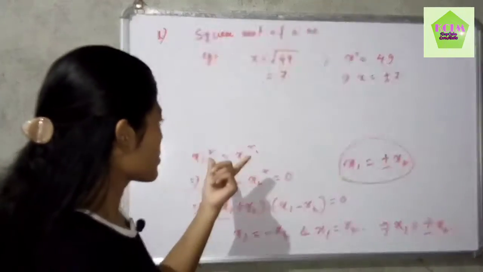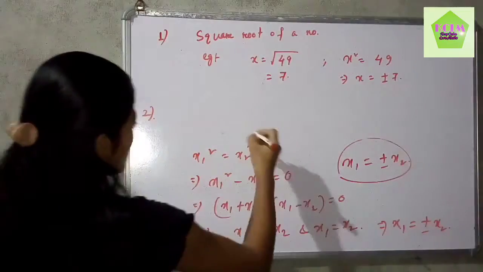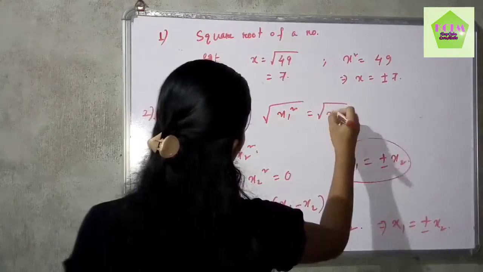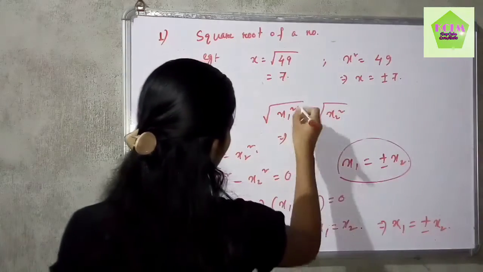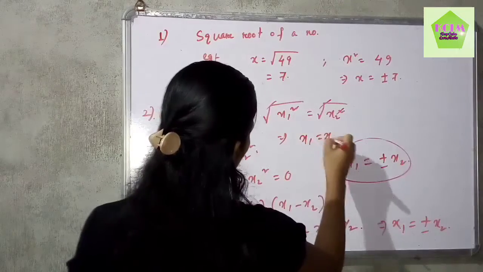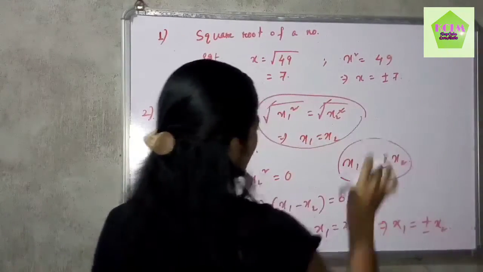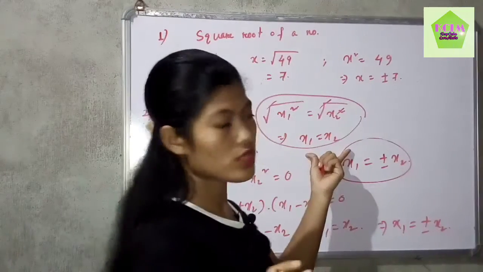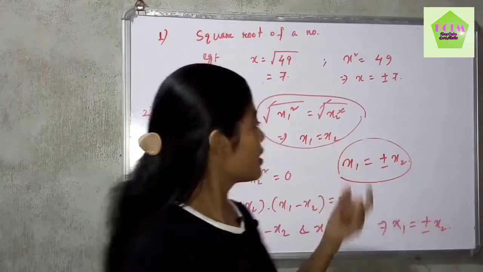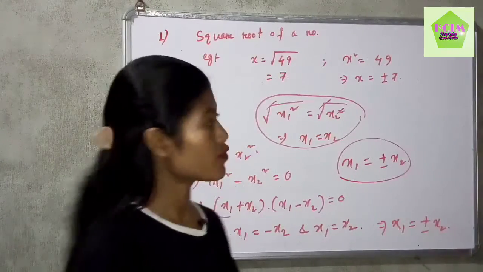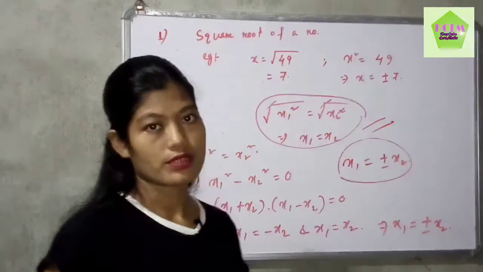So if we proceed with the rule that if we take the root on both sides, then the root and square term cancel out, it becomes x1 equal x2. We cannot say it is wrong, but if we proceed with this method, we would miss one of the solutions of x. Therefore, we should not proceed with this method, right?